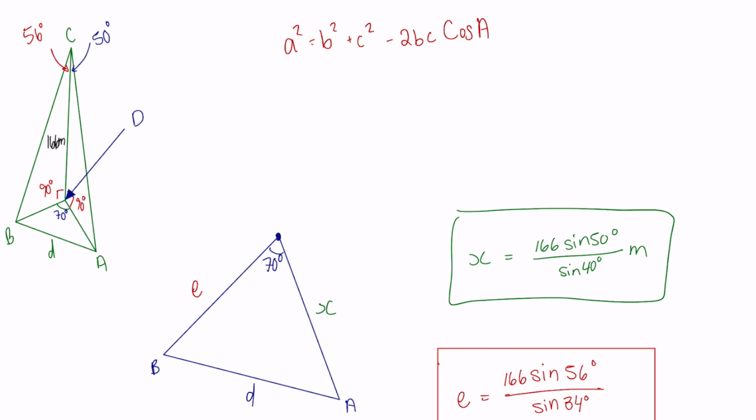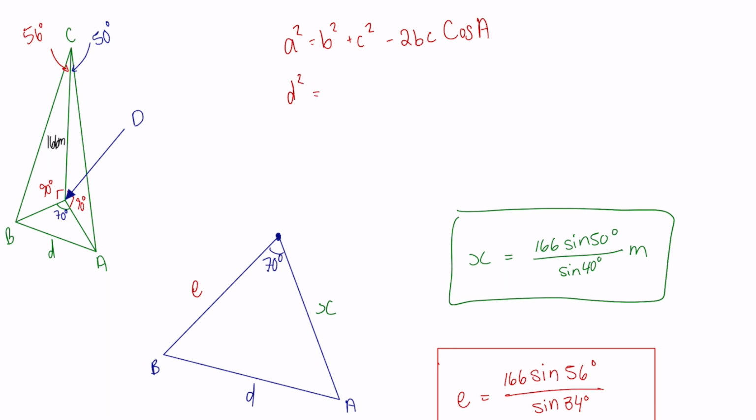But we didn't use A, B, and C, so we're going to have to substitute that with E, X, and 70. If I were to rewrite this, lowercase letters represent side lengths, and the corresponding uppercase letter would represent the angle opposite to that side length. So the lowercase a is the side length we're trying to figure out. So I'm going to write d squared in its place.